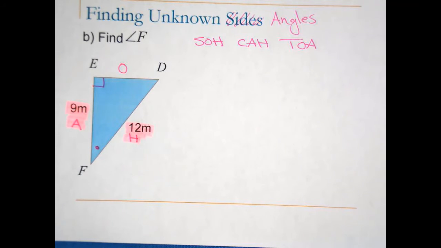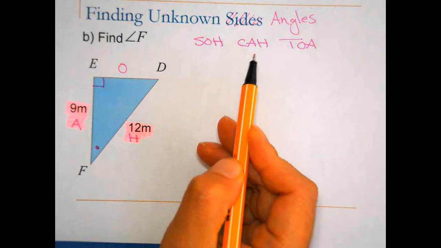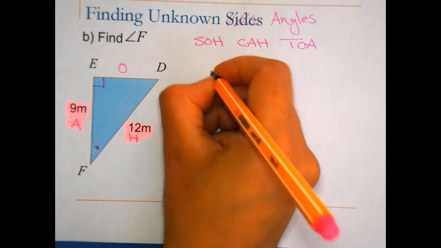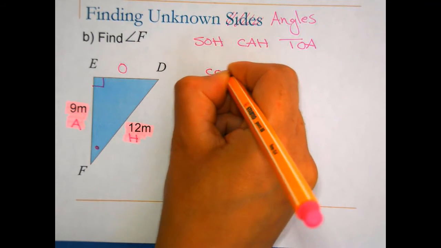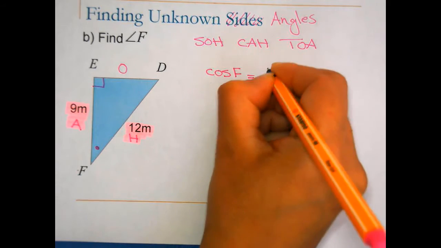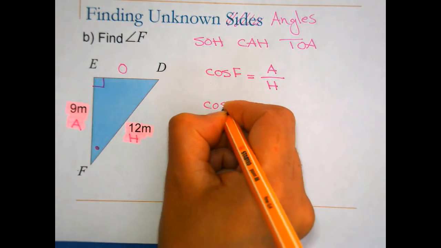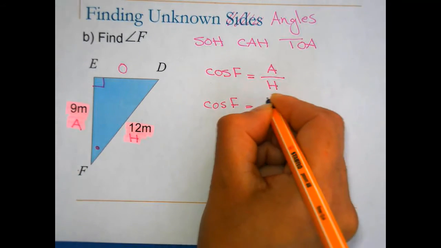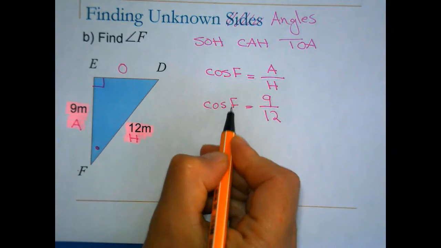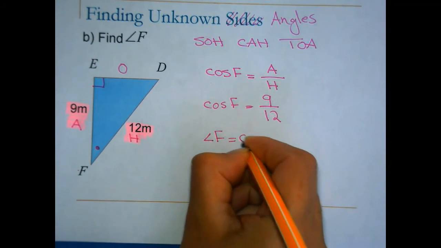So adjacent and hypotenuse means we are going to use cosine. So I'm going to set up the ratio. Cosine angle F, the one we are trying to find, is adjacent over hypotenuse. Cosine F is 9/12. Again, we are trying to find an angle, so we have to use the inverse key.